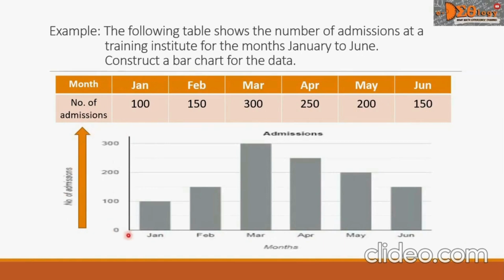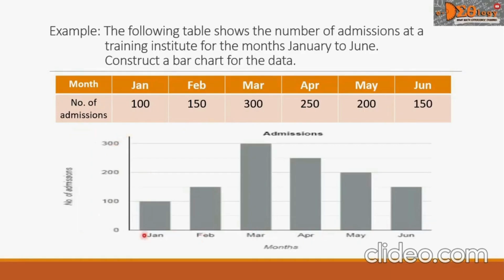The vertical line is numbered on some intervals from 0, 100, 200, and 300. We stop on the 300 because the highest frequency here is 300 only.